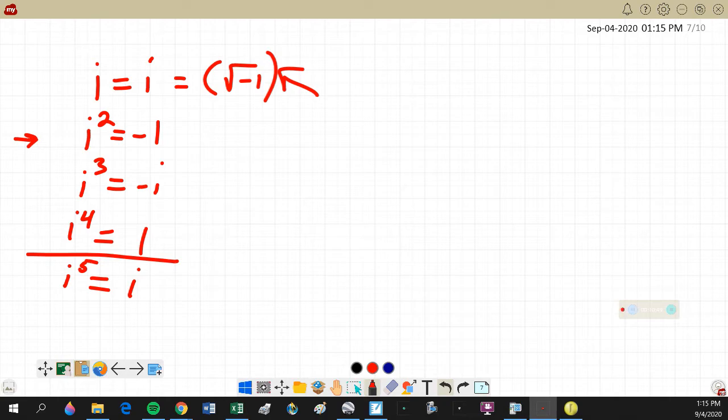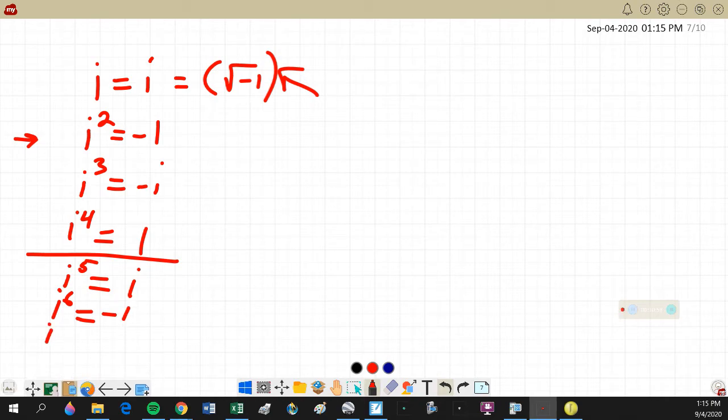It's just I. Well, what's I to the sixth going to be? Negative 1. And I to the seventh? Negative I. And I to the eighth is just 1. So do you see how it goes through this cycle 4 times?